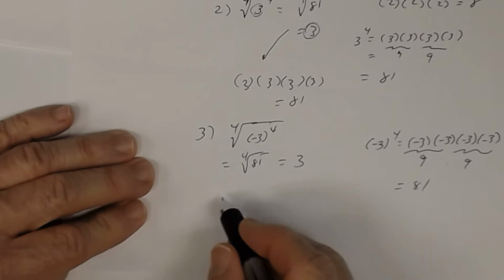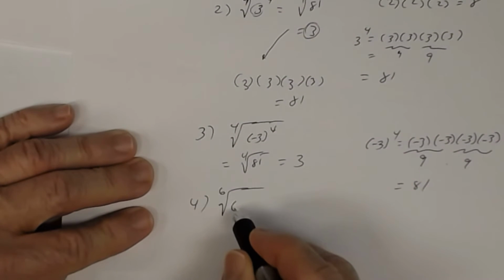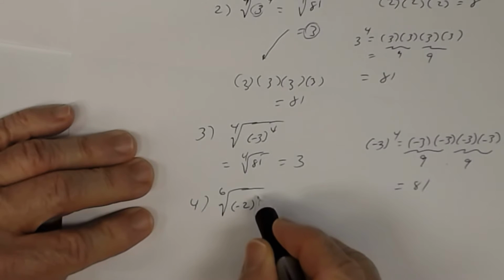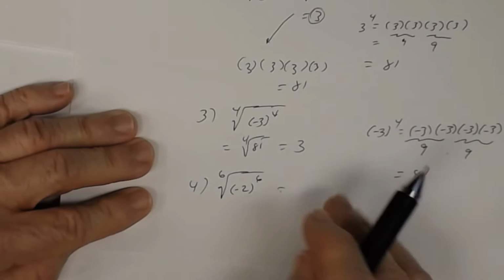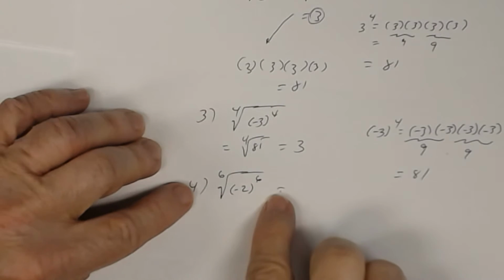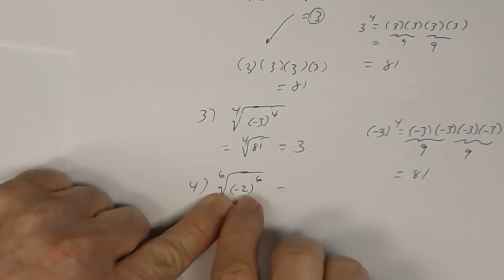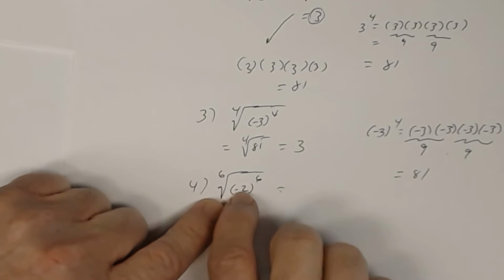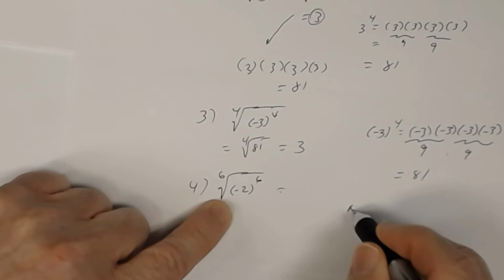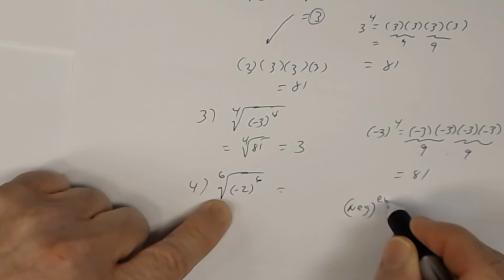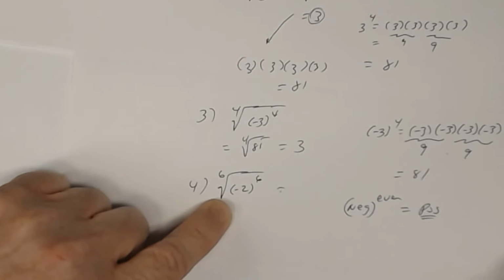Okay, so let's think about this. Number 4, what do you think this is? The sixth root of negative 2 to the 6th power. What do you think that is? Yeah, without doing anything else, you know the answer now. Is it negative 2 or is it positive 2? It's positive 2, because a negative number raised to an even power is always positive.